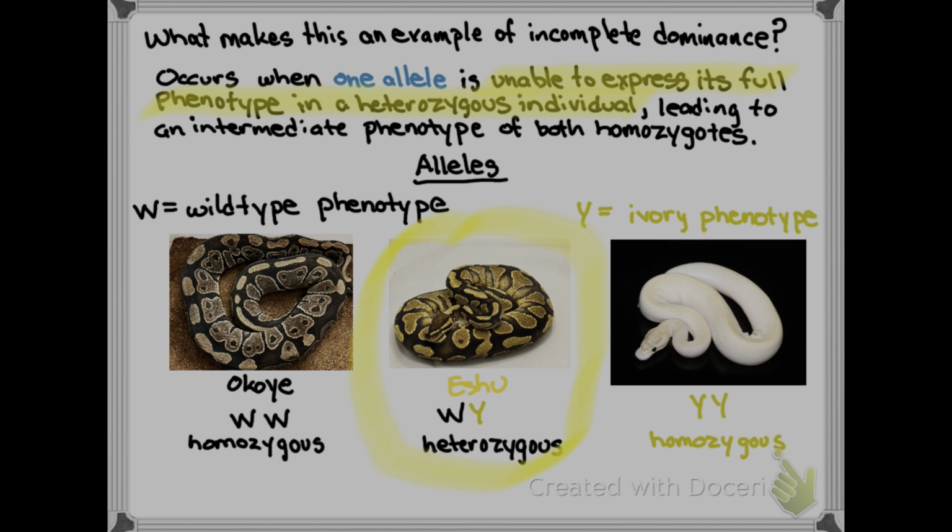And as we can see, Eshu is unable to express the full phenotype of the homozygous Yellowbelly individual. Also, he's unable to express the full phenotype of the homozygous wild type individual that we have with Okoye.